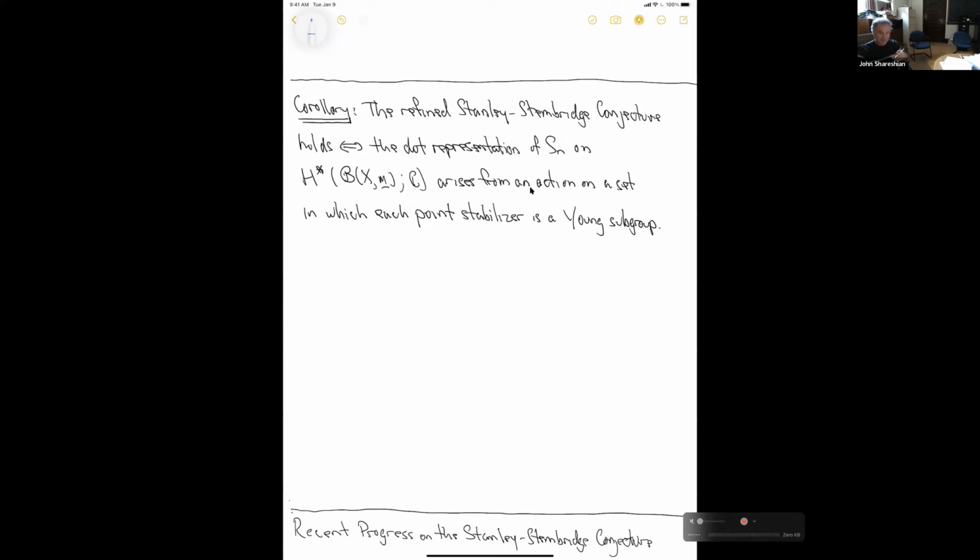And if you know what h-positivity means by reading Bruce's book, you know this arises from an action on a set in which each point stabilizer is a Young subgroup, a direct product of symmetric subgroups. Another way of saying this is that each of these cohomology groups has a permutation basis, a basis that's permuted by Sn in this representation in such a way that the stabilizer of a basis vector is a Young subgroup.